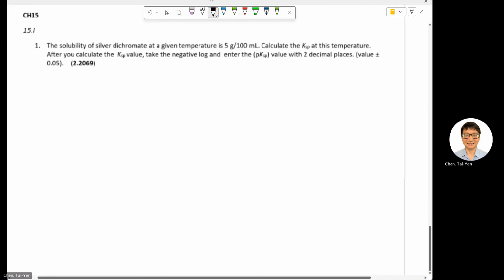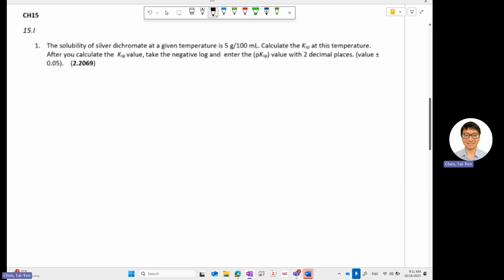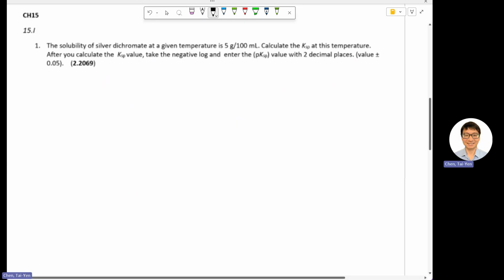Question number 1. The solubility of silver dichromate at a given temperature is 5 grams per 100 milliliters. Calculate the Ksp at this temperature. After you get your Ksp, take the log of that to calculate pKsp.